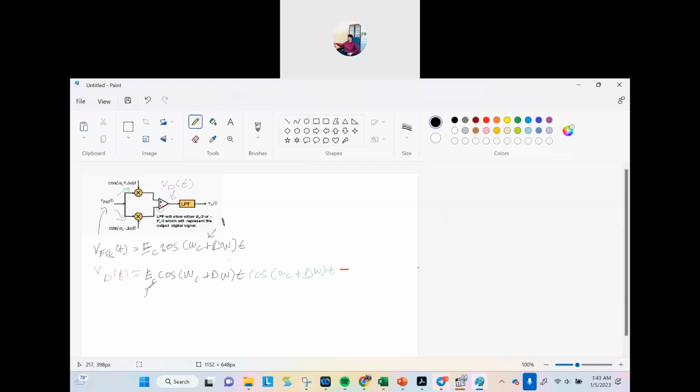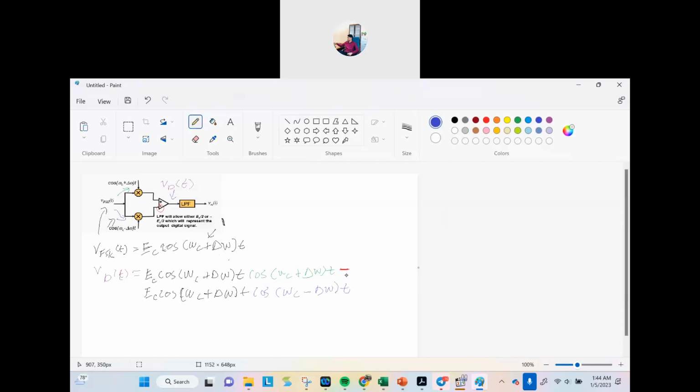Next is EC, the same signal because it passes through here now: EC cos (omega C plus delta omega) t, times cos (omega C minus delta omega) t.